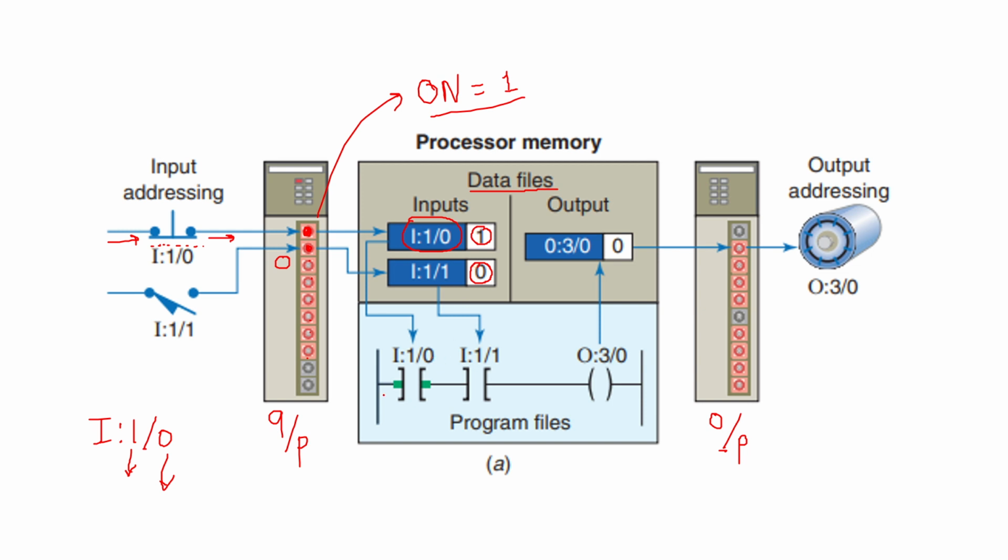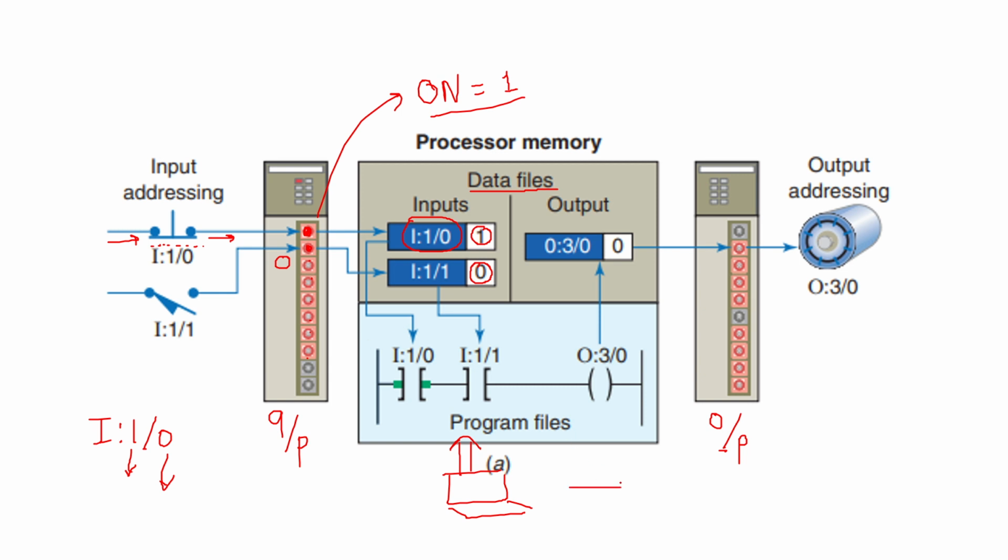Now listen to me carefully. Now you make a program in your programming device, suppose your laptop, and you transfer this program to the CPU. You connect these two addresses in series.